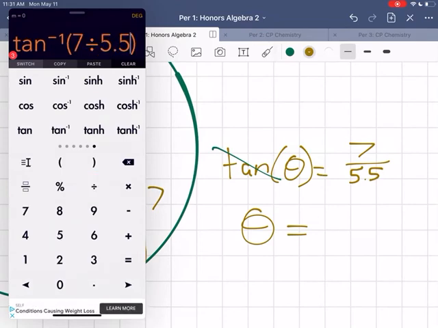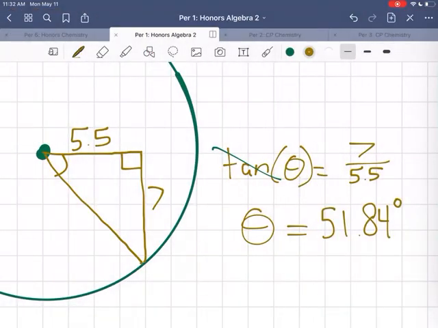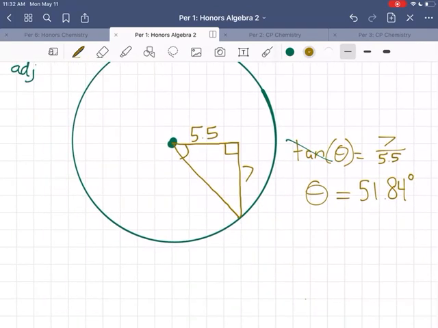See how that's all in the parentheses there? That is going to get our most accurate answer, and it gets us a value of 51.84 degrees. Remember degrees because we are in degrees still. We'll be working with radians a little bit more next week. So that would be the value of our angle theta here.